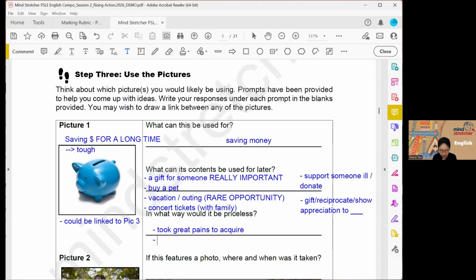So it could be learning the value of saving, okay? Or learning the value of giving.